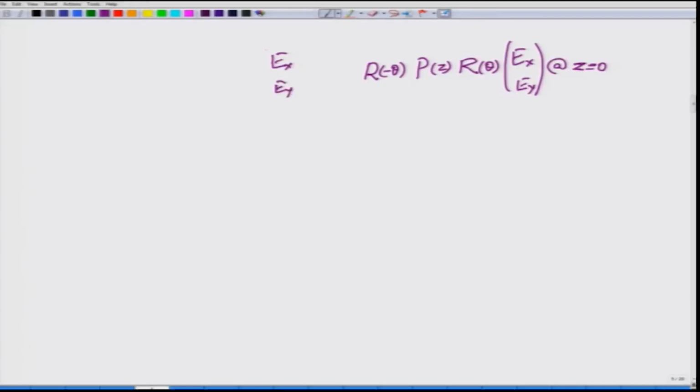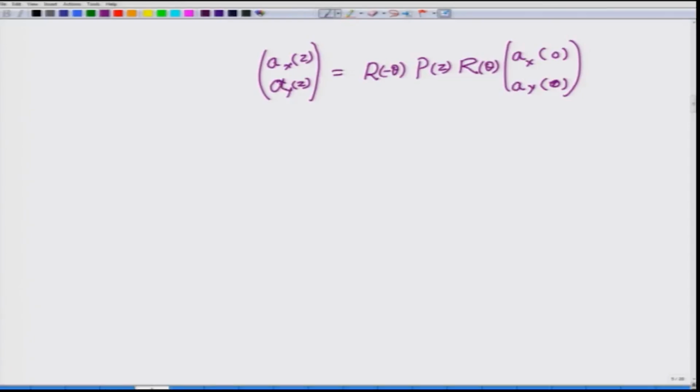Once you follow this procedure, what you get is a Jones vector at the output. So, instead of writing this at z equal to 0, let me write it this way: Ex at 0, Ey at 0. And instead of dealing with electric field, you may want to deal with the pulse envelope, that is another thing that you can do. So, you can deal with Ax of 0, Ay of 0, and Ax of z, Ay of z.